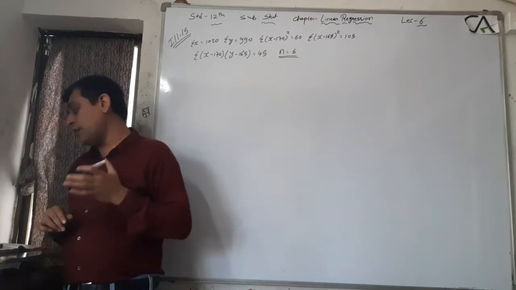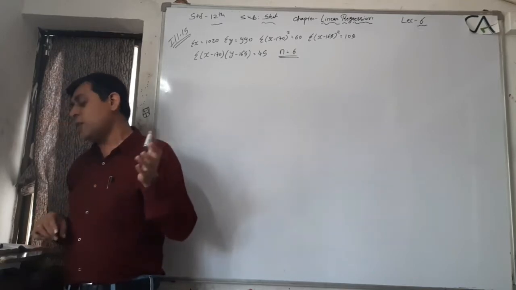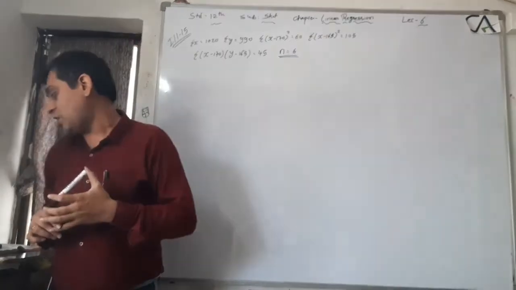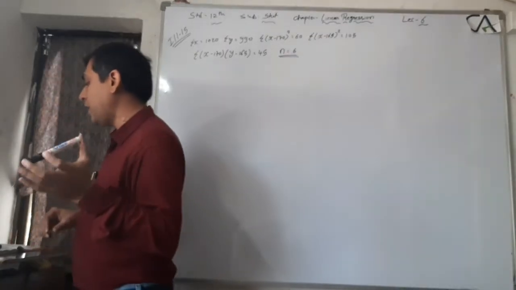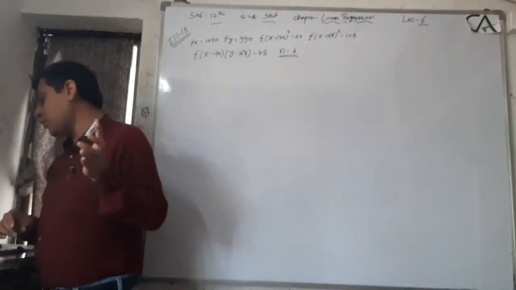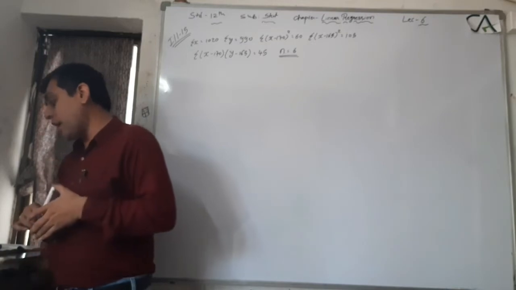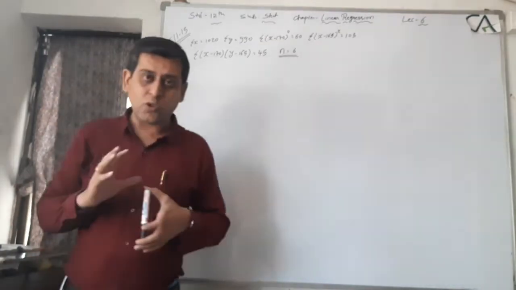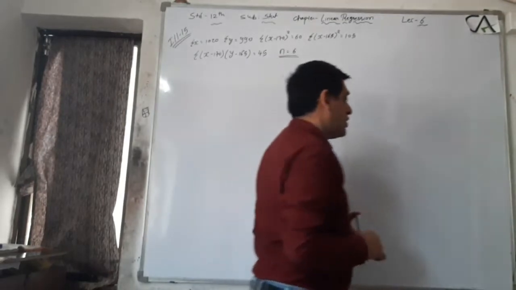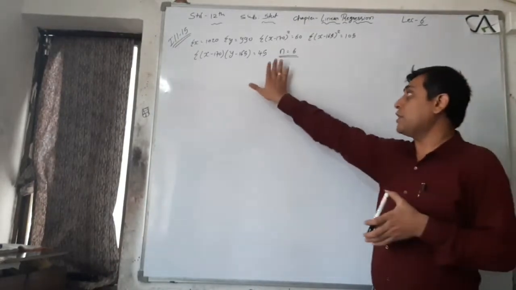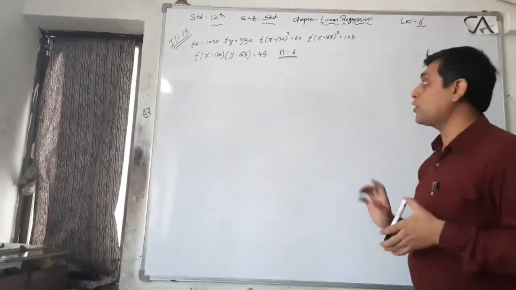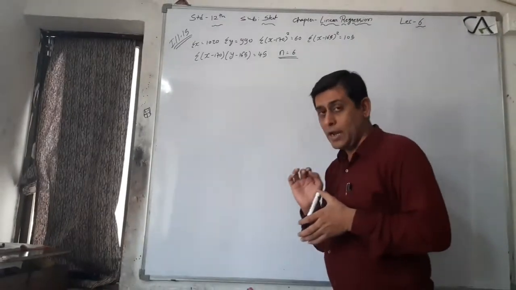The information given is sigma x, sigma y, sigma x minus 170 whole square, sigma y minus 165 whole square, and sigma x minus 170 into y minus 165. So this information is given, and n is equal to 6. But first of all, you have to find out x bar and y bar.